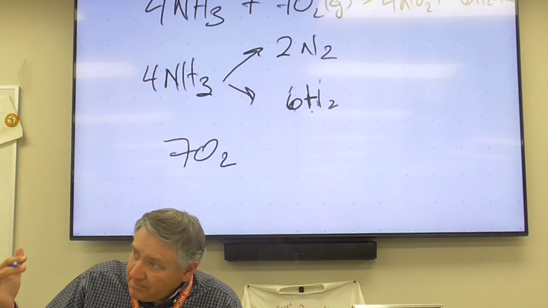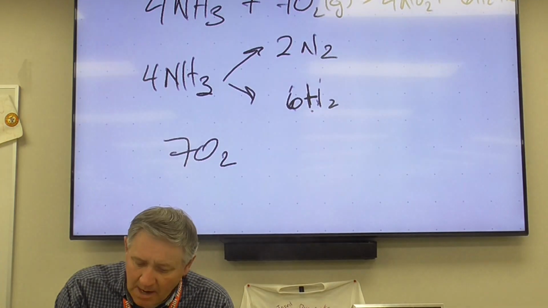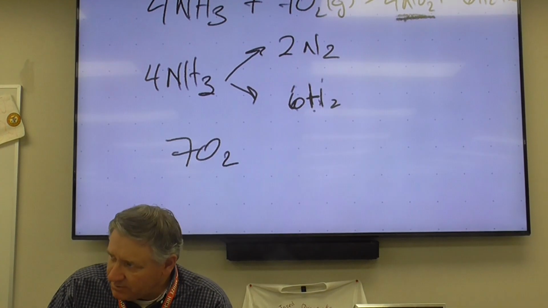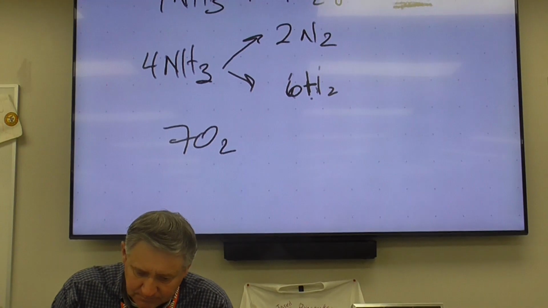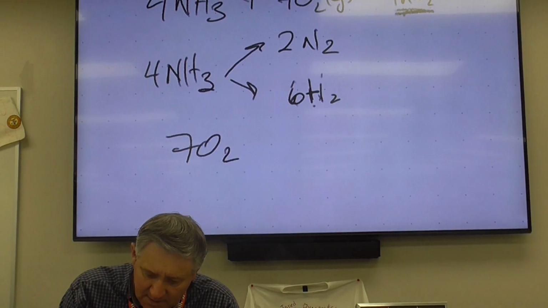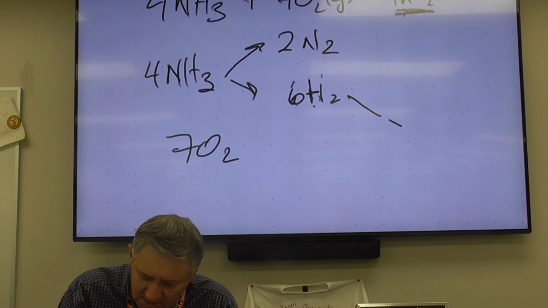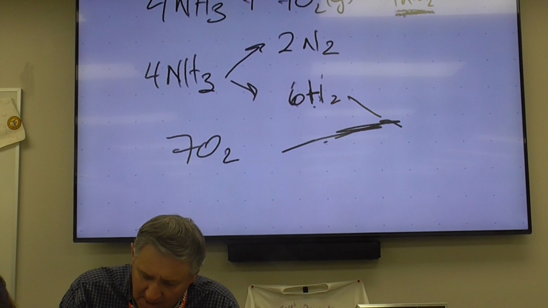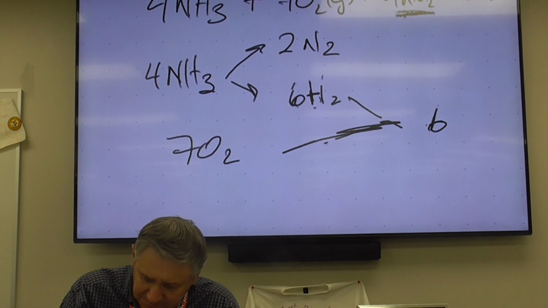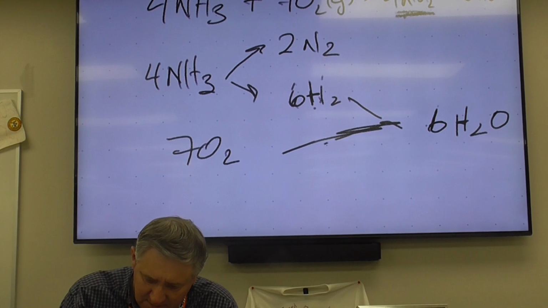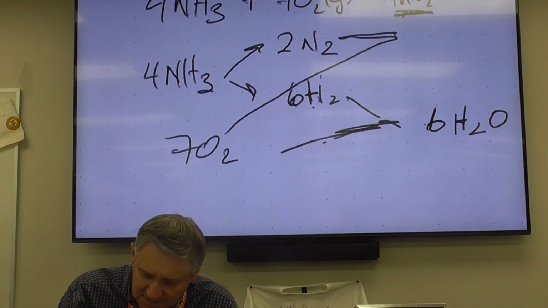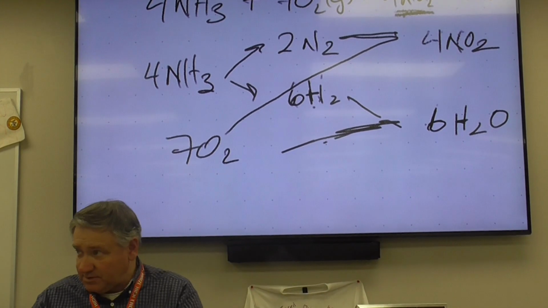But now I'm going to recombine these. So I'm going to make my 4 NO2s. What I'm going to do is take some of the oxygen and some of the hydrogen, and that's going to combine to give me my 6 waters. And then I'm going to take some of the oxygen and react that with some of the nitrogen to get my 4 NO2s.